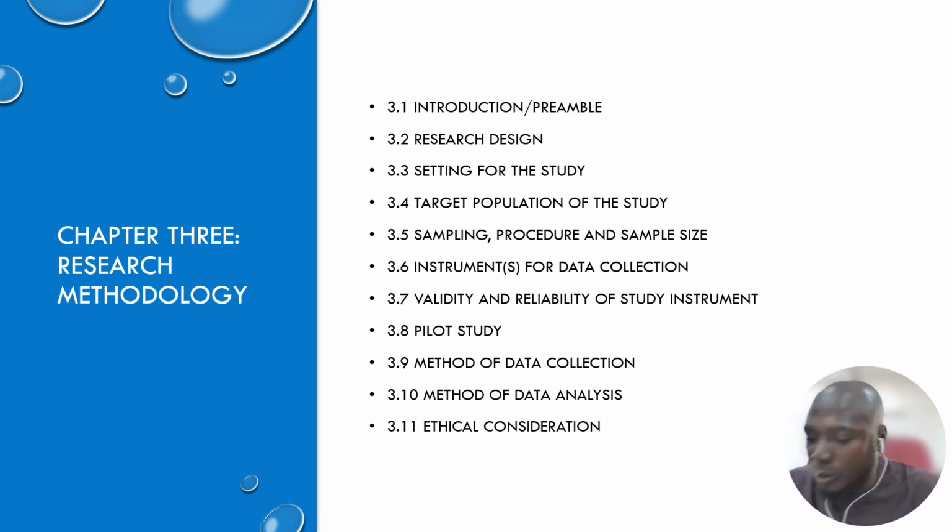Now, when you come to write your empirical review, you write 2.3, which is empirical review. Under that, those three objectives are the ones that you go back to and find researches that talk about them. One, you write knowledge and awareness of information communication technology facilities.